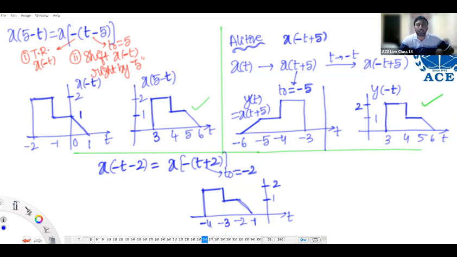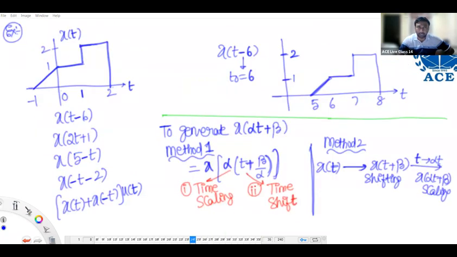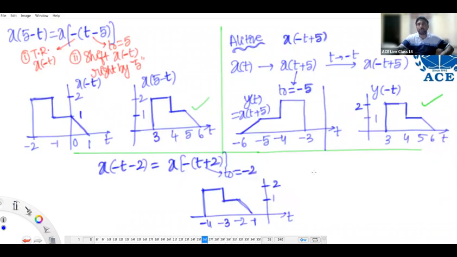Everyone, please try the last combination of this problem: x of t plus x of minus t, multiplied by u of t. That is the last combination. x of t added to x of minus t, and the overall signal multiplied by the step function.